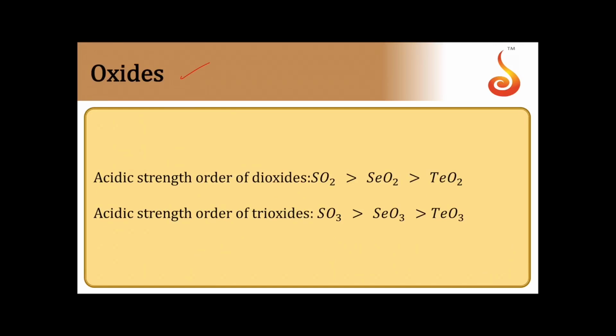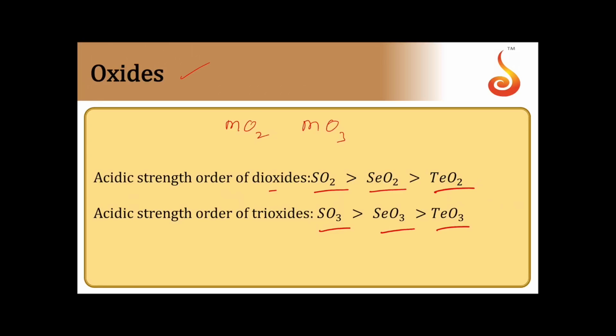Then come the oxides. They form two types of oxides, dioxides and trioxides. We can take them as MO2 and MO3 type oxides. For the acidic strength, if you take dioxides, SO2, SeO2, TeO2, and trioxides SO3, SeO3, TeO3. Whenever the oxidation state is the same, the acidic strength depends upon the electronegativity.